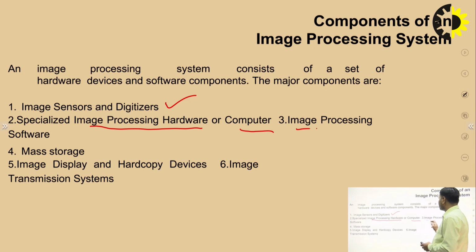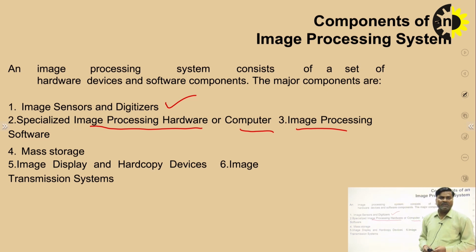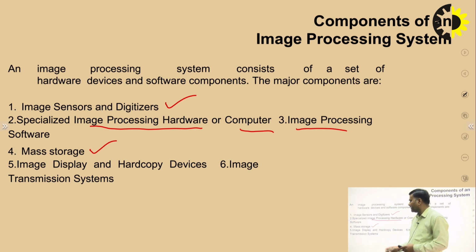And third is image processing software, to process a particular image, like CorelDRAW. And we have mass storage for storing our digital images, and image display and hard copy devices, means we have to see our images. We want a monitor, and if we want to take a printout, then we have a printer. Then the image transmission system: if we want to transmit an image from one place to another, then we have a network.